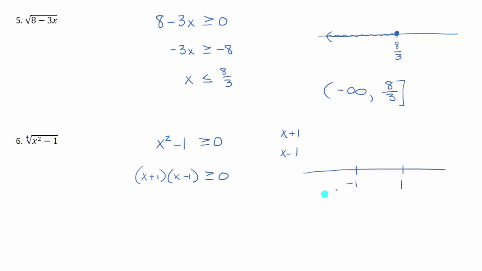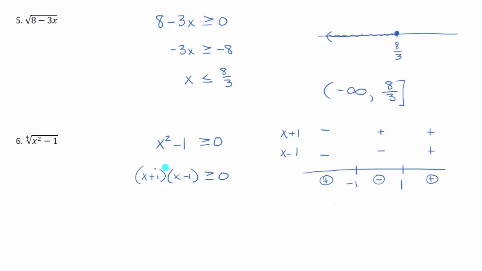And I test somewhere over here. Let's maybe try a -2. -2 plus 1 is negative. -2 minus 1 is negative. And a negative times a negative is positive. Let's try a 0. 0 plus 1 is positive. 0 minus 1 is negative. And a positive times a negative is negative. Let's test something over here. Maybe a 2. 2 plus 1 is positive, 2 minus 1 is positive, and a positive times a positive is positive.